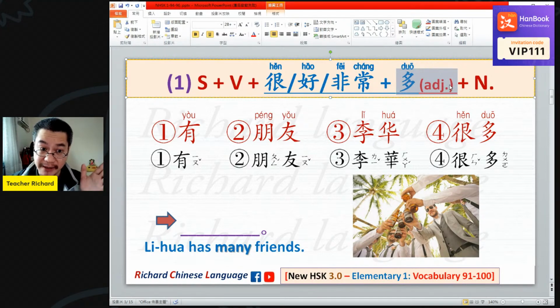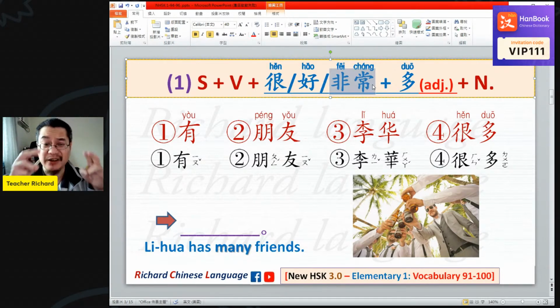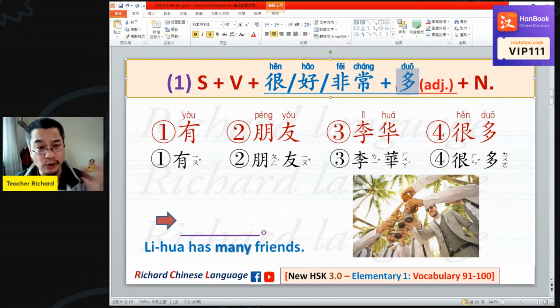So here is the same. You need 很 or 好 or 非常 to modify our adjective. Here is 多. 好, 很, 非常, they all mean very. And in Chinese, you need a function word like this to modify 多.